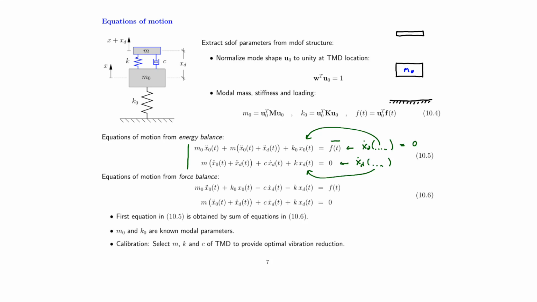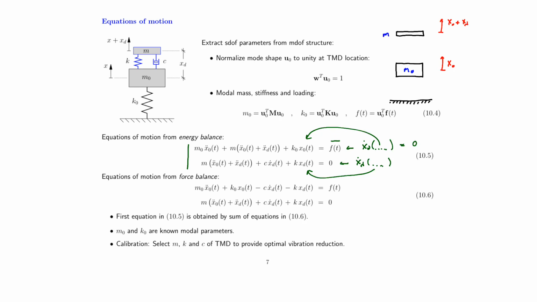For the m0 mass we will have a positive deflection upwards, and let's assume that we have a corresponding, it's not u0, it's of course x0, and we have x0 plus xd of our top mass, or TMD mass, m.